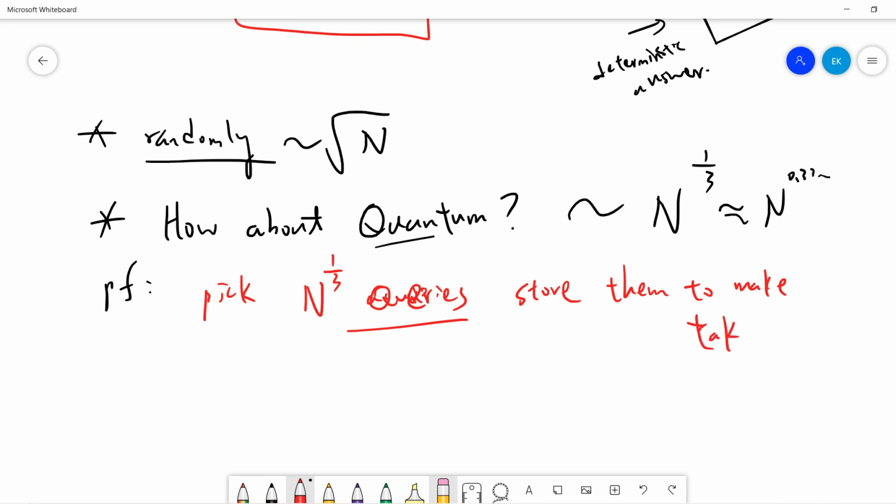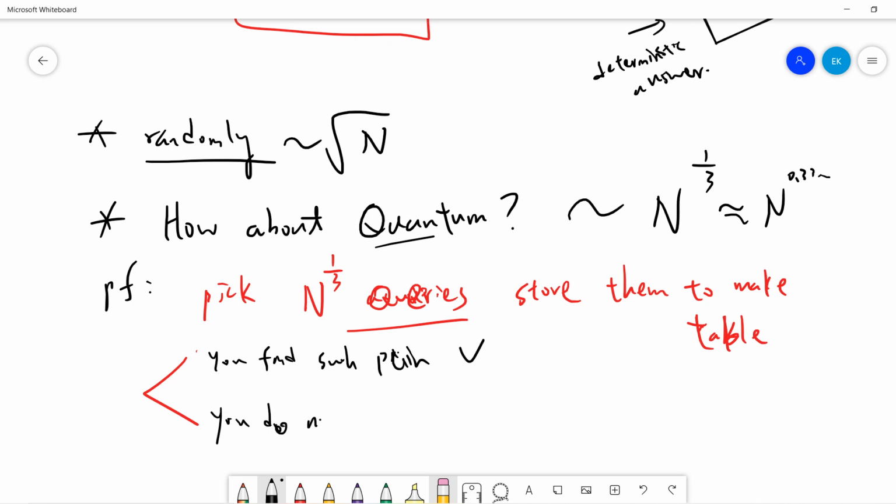There are two cases. The first case is that you find such a pair, and then you succeed.